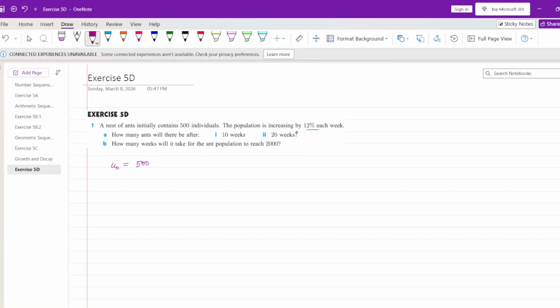So, suppose the population is 100 this week, next week it is going to be 112. This is what the question means. So the multiplier r is going to be 112 divided by 100, that is 1.12. So 1 point, the percentage in 2 digits, is going to be our r.